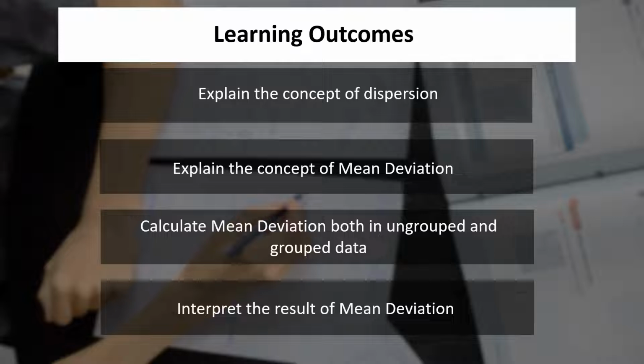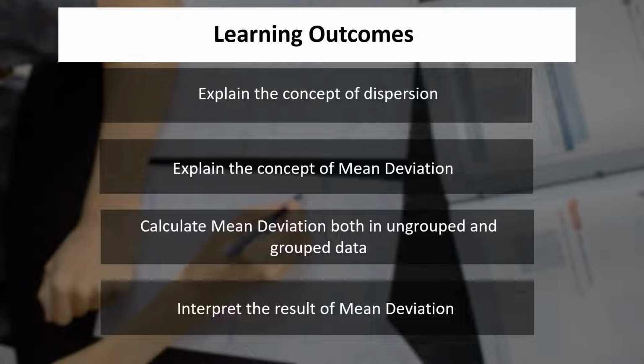These are the learning outcomes, and I am very hopeful that after watching this session, and after going through the content of your module relating to mean deviation and measures of dispersion, you will be able to achieve all these specific learning outcomes of this session.